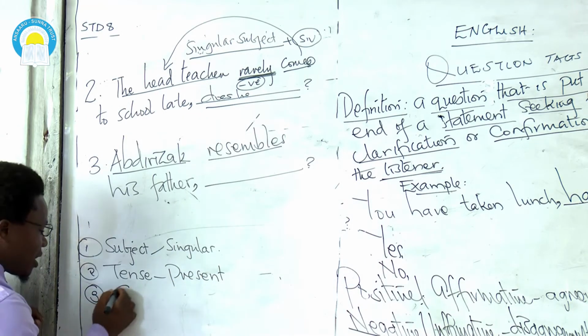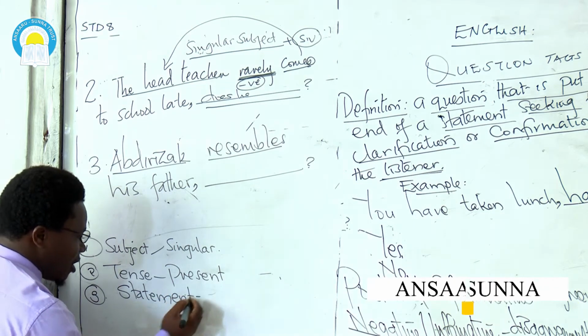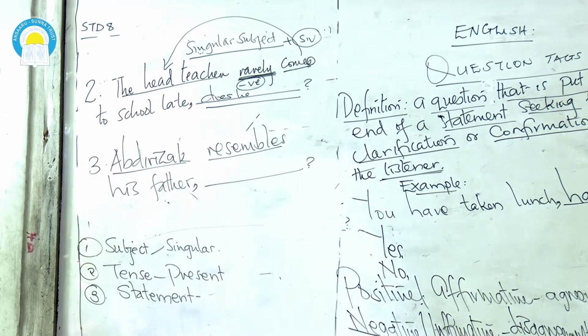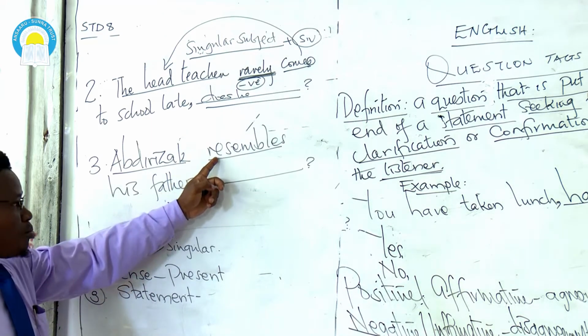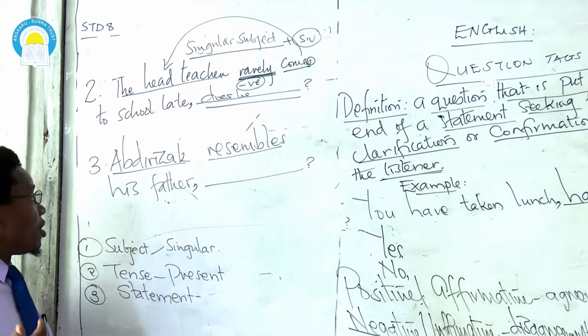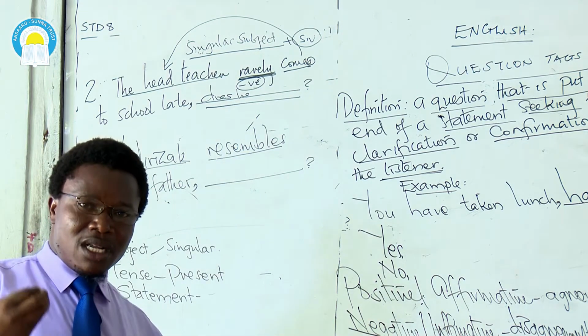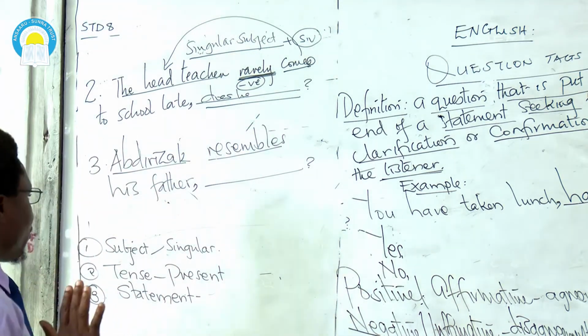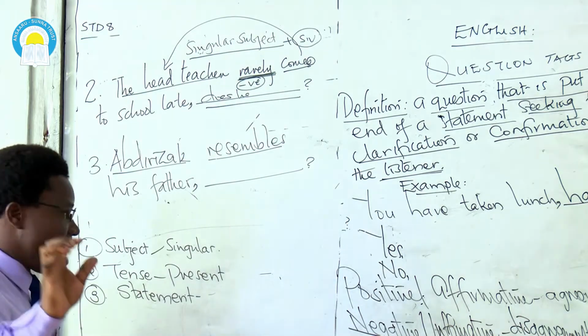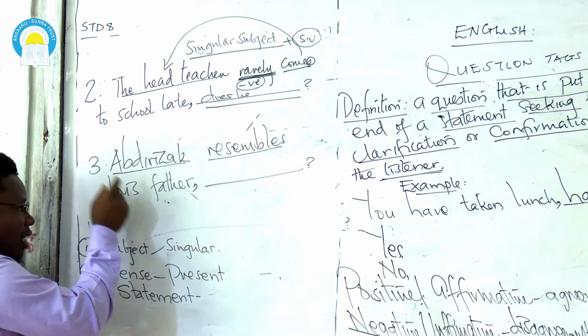3, what is the nature of that statement? Is it positive or negative? The statement is positive because we don't have such words like no, not, never, nothing, rarely, barely, scarcely, hardly, little, none, and few. So if we don't have such, then this statement is positive.